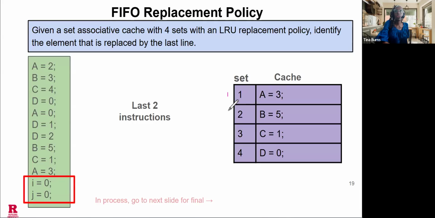So I'm going to put one line there, one line there, one line there, one line there. All right, then I'm going to access A again, boom. I'm going to access D again, boom. I'm going to access D, A, D, D. I'm going to access D a third time, boom. Then I'm going to access B a second time, boom, right?